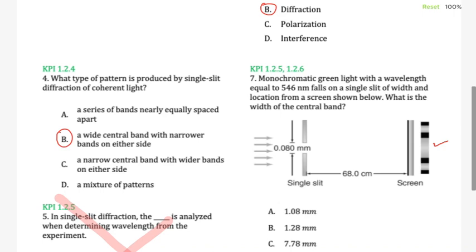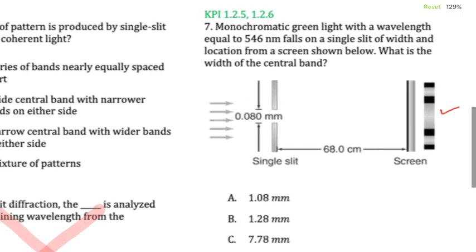Question 7, we have a monochromatic light with a given wavelength, this far from the screen, and the width of the slit is 0.8 millimeter. We need to find the width of the central band.